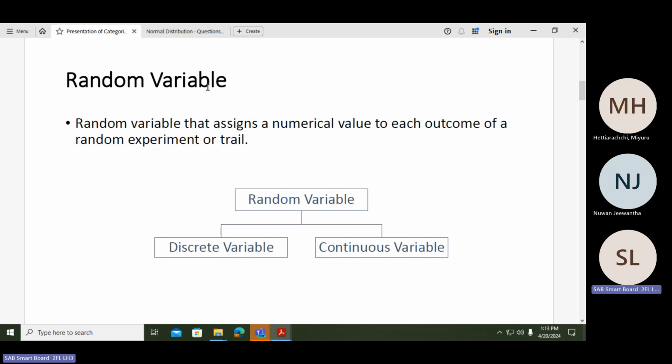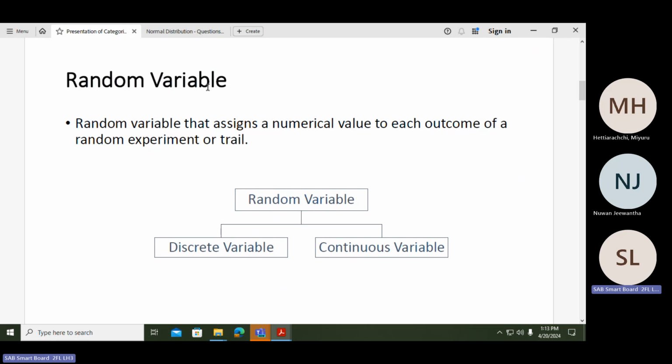Then through this random experiment, we can identify the random variable. Think the random experiment is tossing a coin. Then we want to identify the random variable. Think we toss the coin twice. That's the example.